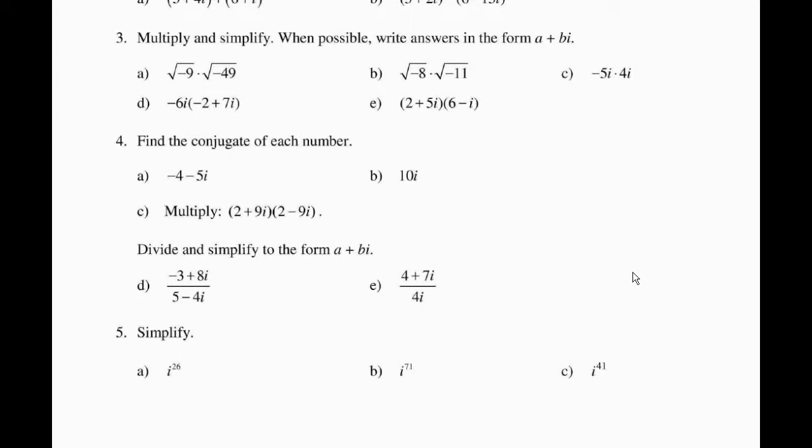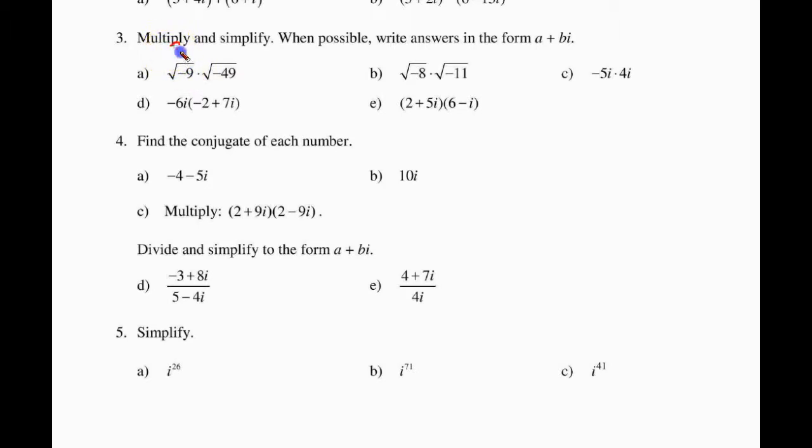Now, when we multiply, here's where the rule changes just a little bit, and you need to be careful of it. You would say negative times negative would be a positive. When you're doing imaginary complex numbers, you can't do it that way. This will become, you do this one.